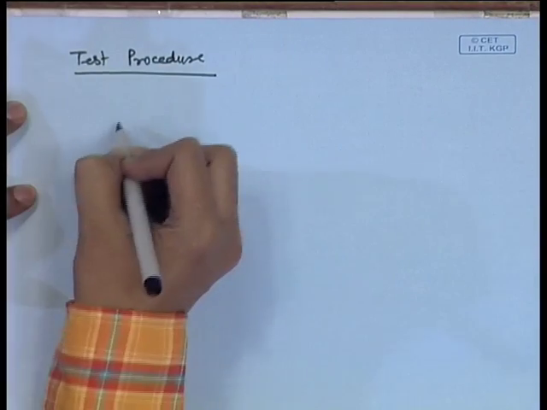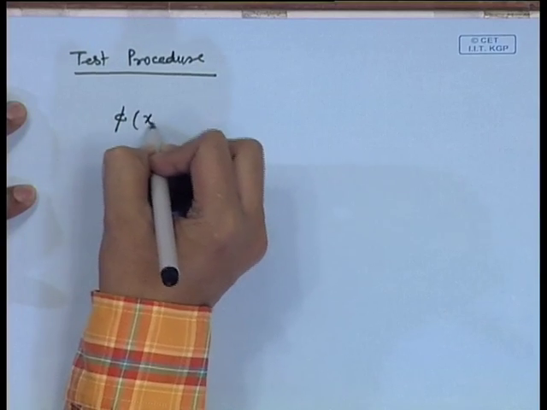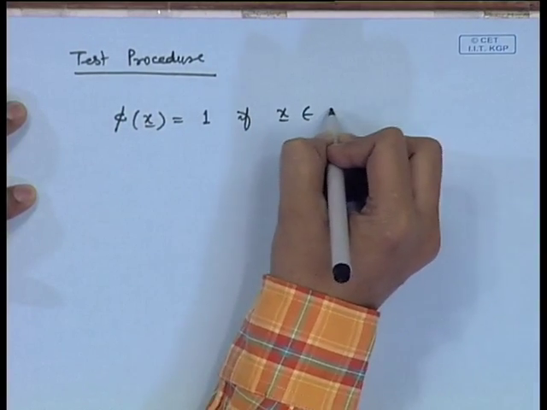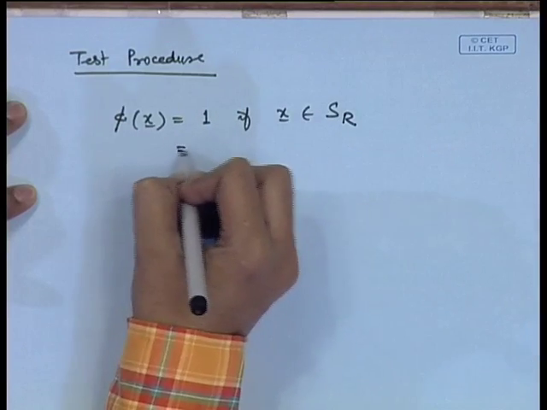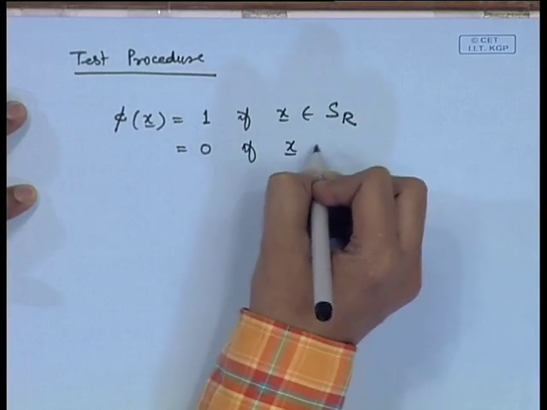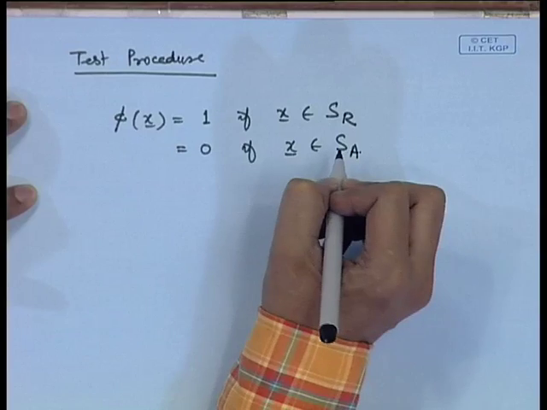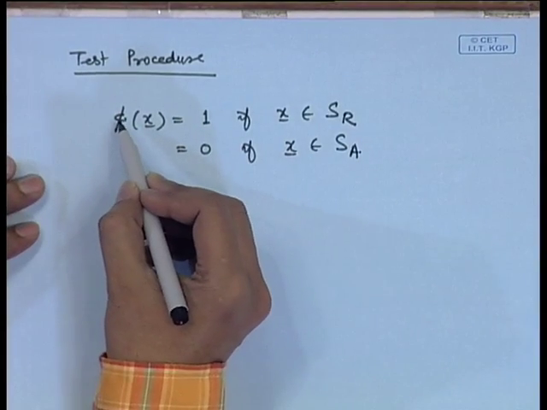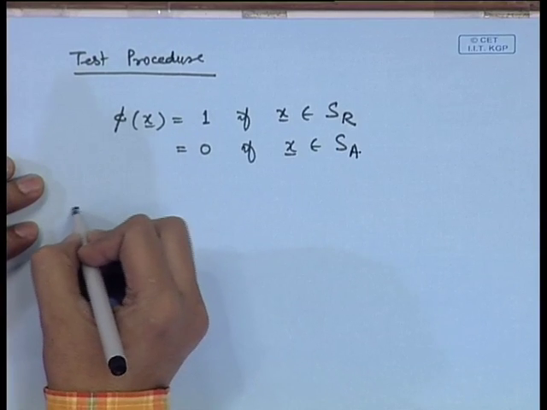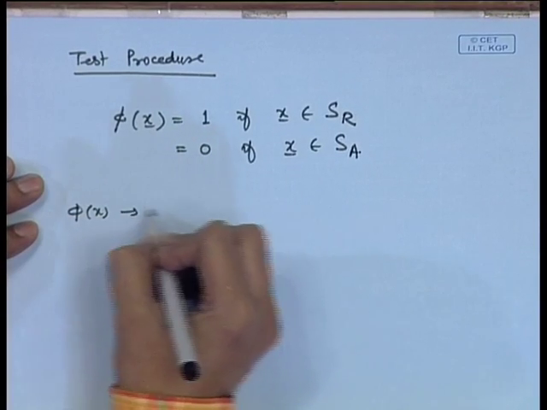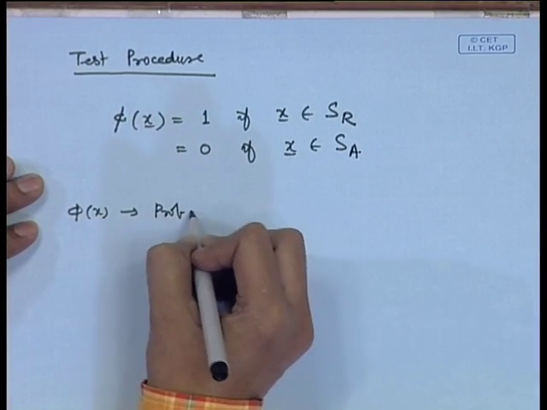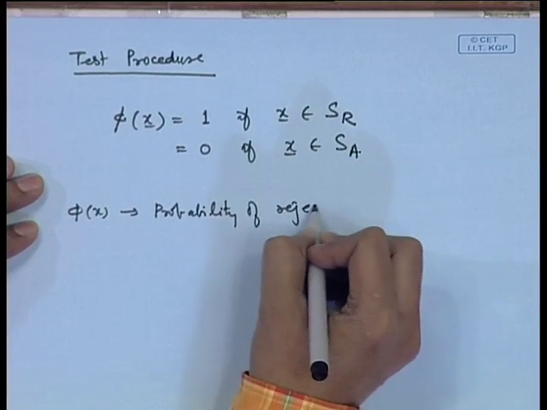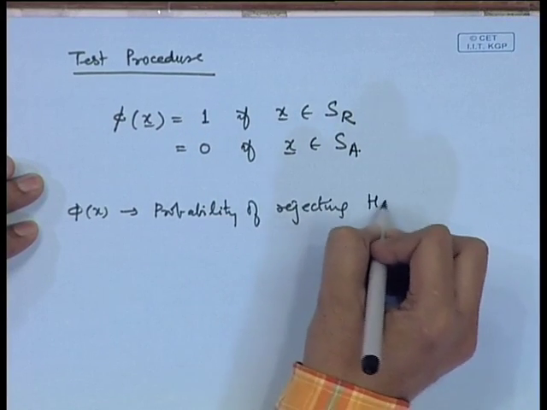What we are doing is, we are saying phi x is equal to 1 if x belongs to S R, it is equal to 0 if x belongs to S A. So, this means the interpretation that we can give, phi x is the probability of rejecting H naught.